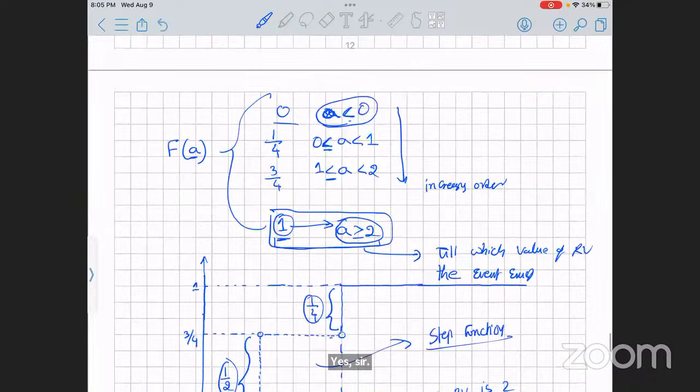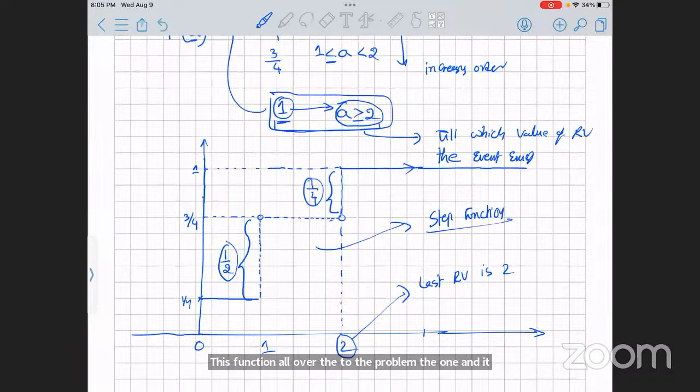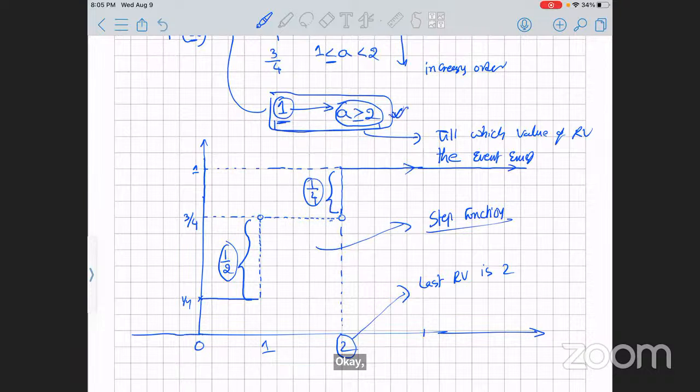Similarly, A greater than 2 means that the function has already reached probability 1 and it continues. If A is greater than 2, it is not possible for the random variable, but even so it continues the same thing. But we will stop here, at A equal to 2 or A equal to 3, but for mathematical notation we will show this.